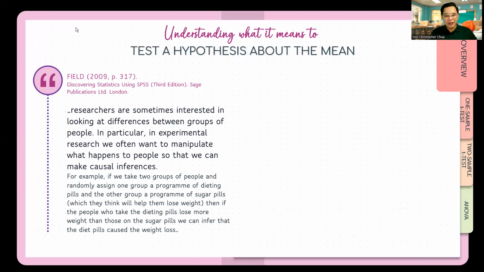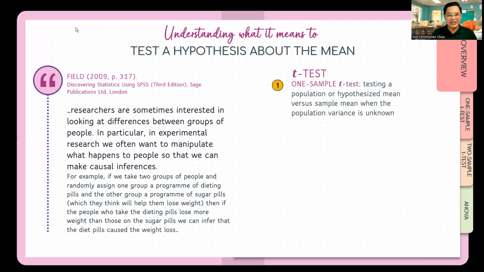Then we can compare the weight of the individuals before the program and after the program, and try to see whether or not there is in fact a significant difference between the two different groups. So that's another kind of problem that we can work with by looking at the different tests that we will be discussing in this lesson.